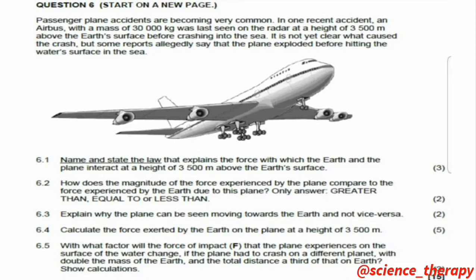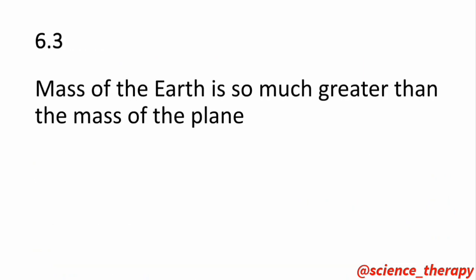So the one with relatively smaller mass will be the one that we see moving. The mass of the Earth is so much greater than the mass of the plane. Hence we see the plane moving towards Earth and not the Earth moving towards the plane.